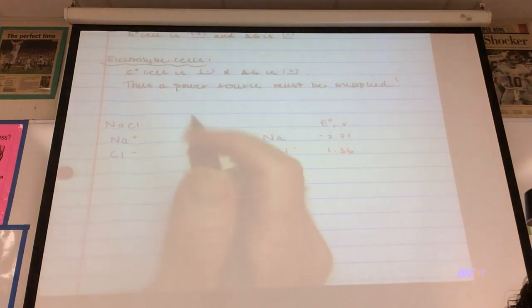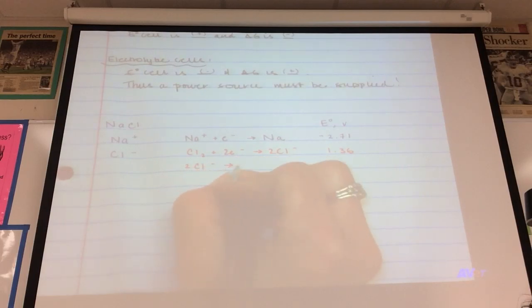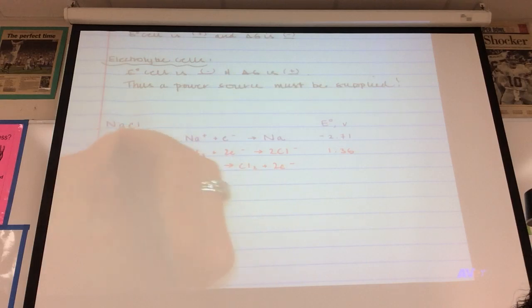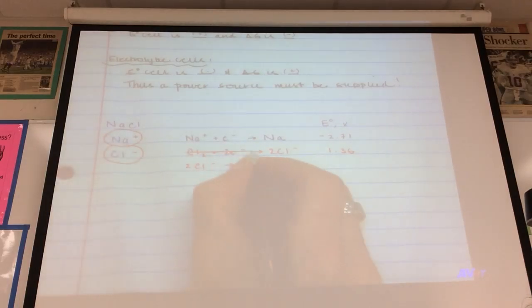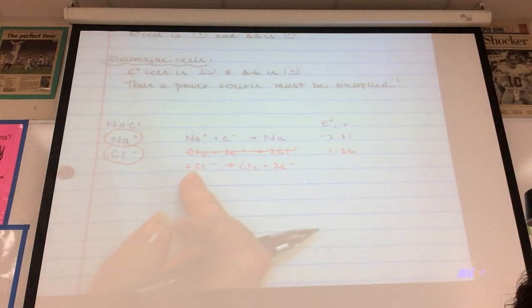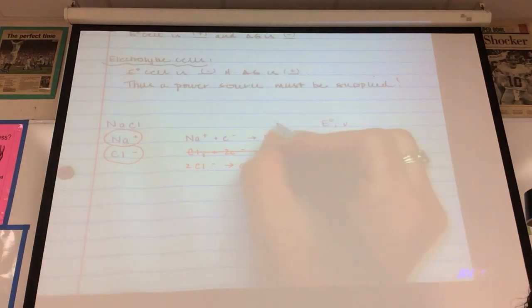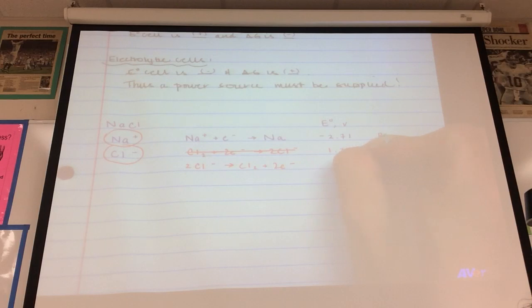I knew that this equation here had to be flipped because, as I said previously, look at the compound, consider the ions that you would have used to formula write that particular compound, and so all I did was flip this equation so that the ion would be a reactant. So that tells me right away that this is reduction.